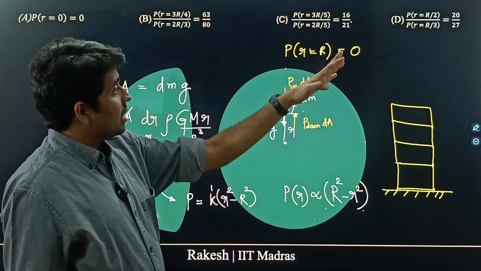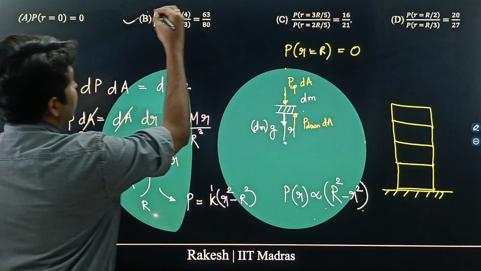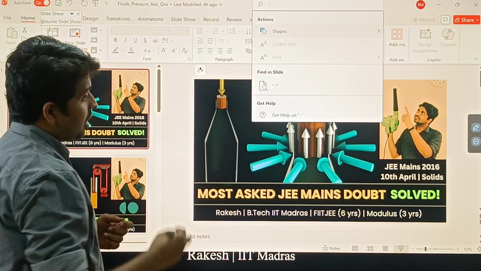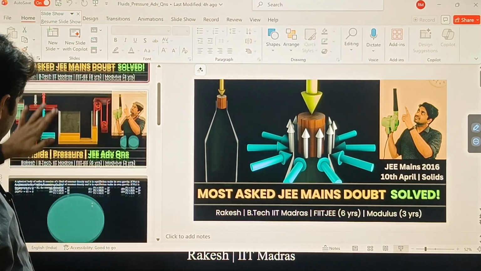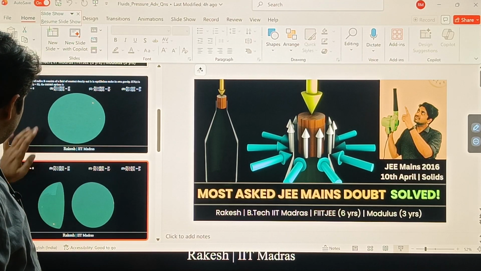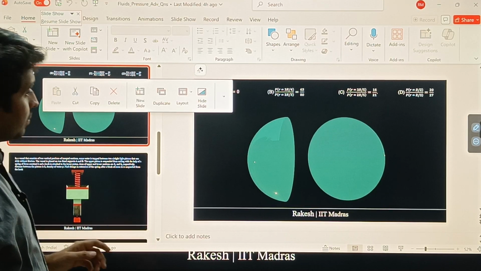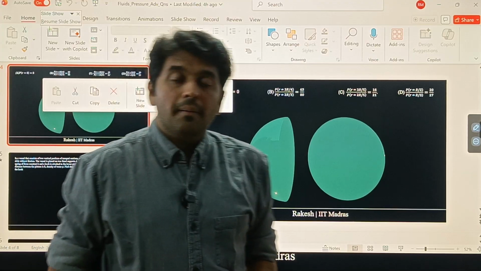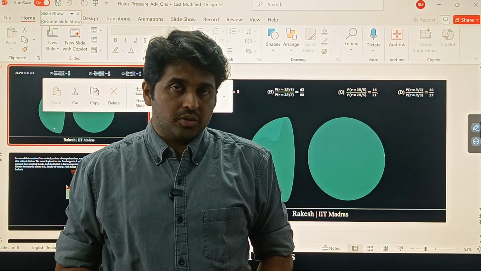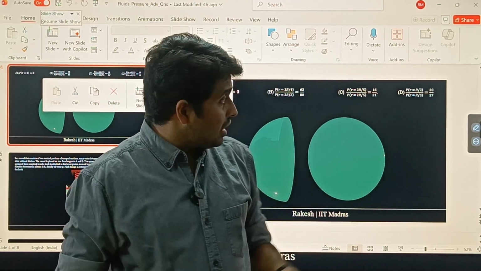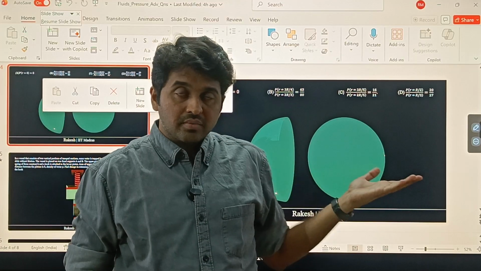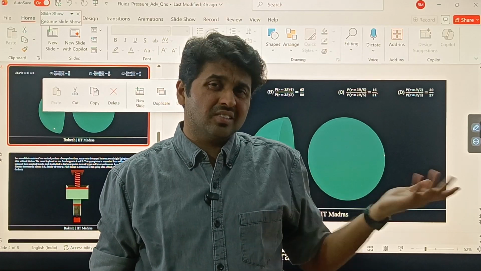Like that you put in the values and you get that B and C are the correct options. So that was a nice JEE Advanced question. Let us now move on to the next question.